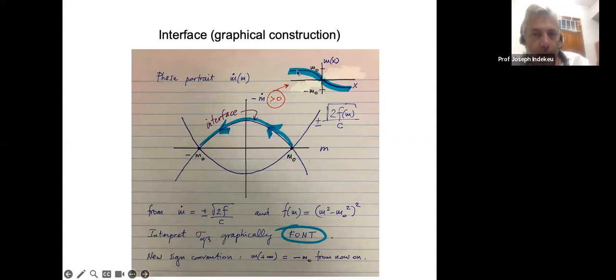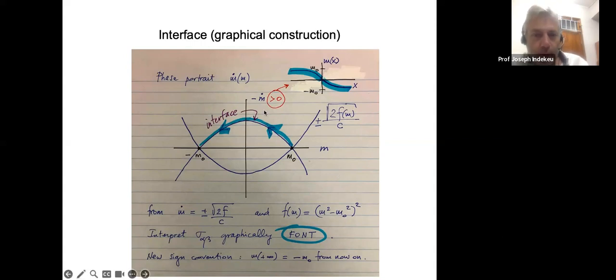And so now I let the profile go from m0 to minus m0. This is actually handy, because if I do that, then I can draw the phase portrait and the relevant trajectory in the upper half plane instead of in the lower half plane. So it's just a matter of aesthetics, basically.